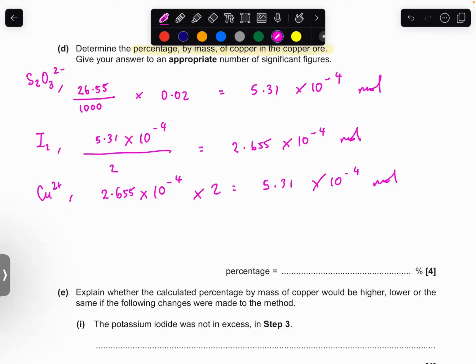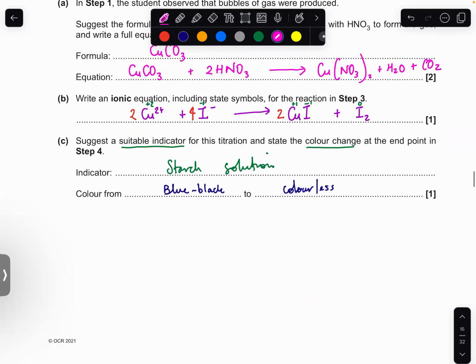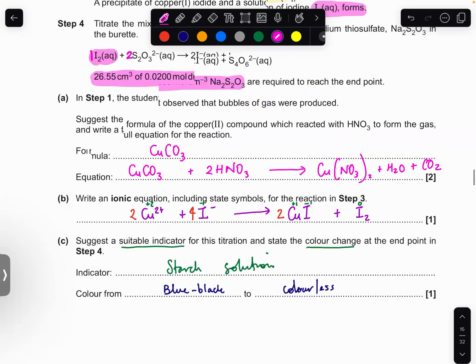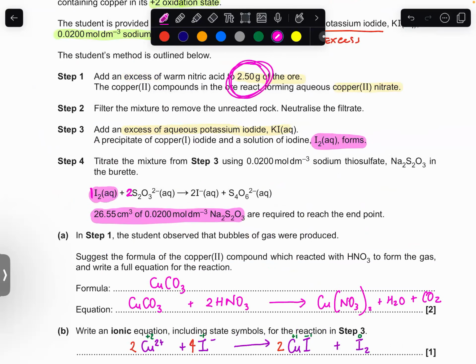Copper is 63.5, so 5.31 times 10 to the -4 moles of copper times the relative atomic mass of copper gives you 0.0337185 grams. And to work out the percentage by mass, this is the mass of pure copper, and the total mass of the ore was 2.50 grams.